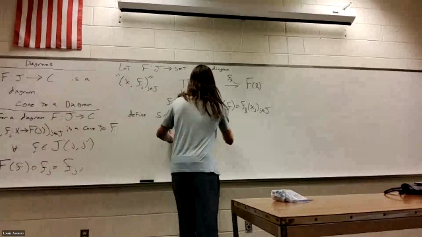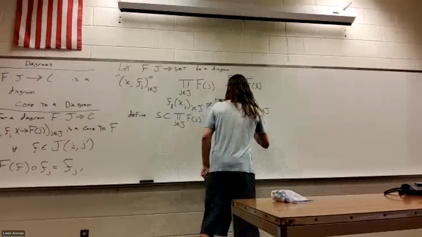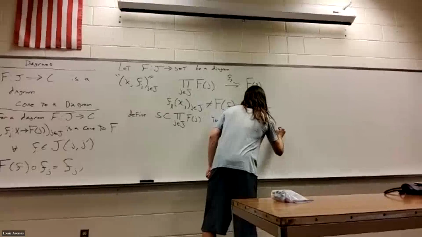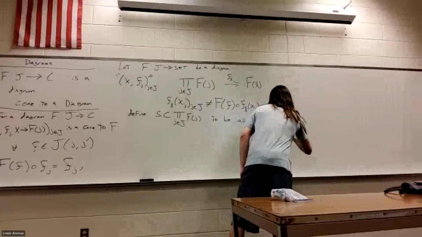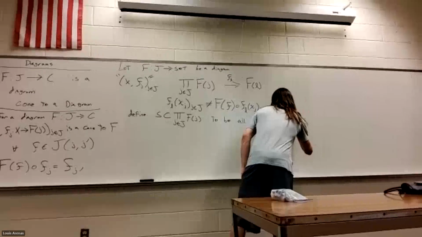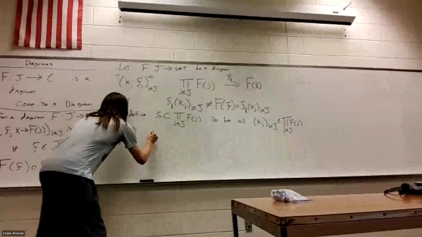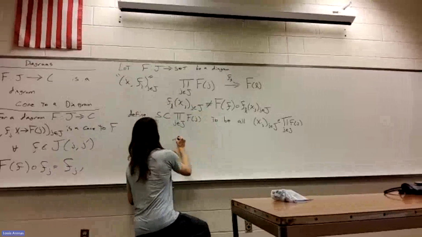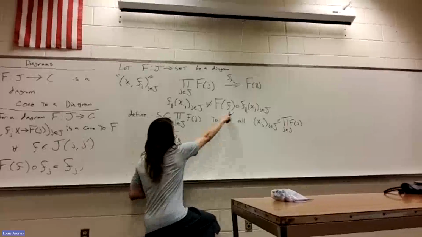Define this to be all of our J-tuples in the product such that this is actually true for all L and L prime.